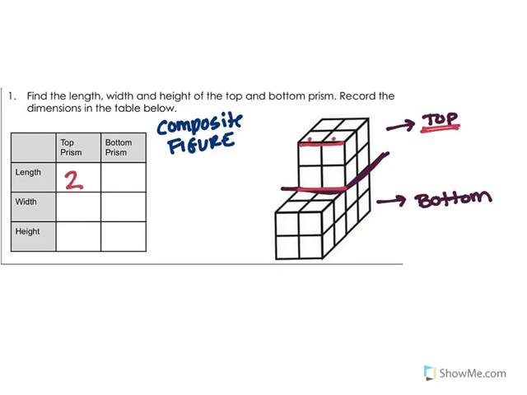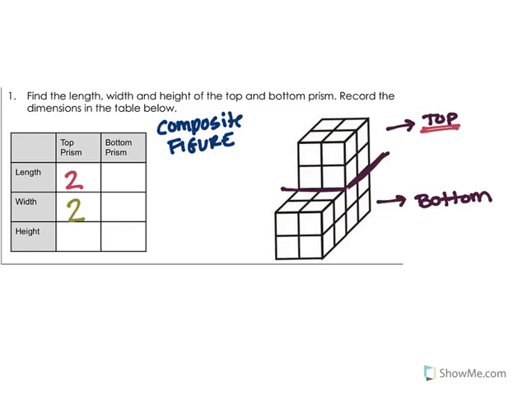So our length is 2. Okay, let's now look for the width. I know width is from front to back. I can see along the width of the figure is 2 cubic units. So I'm going to put 2 as my width.